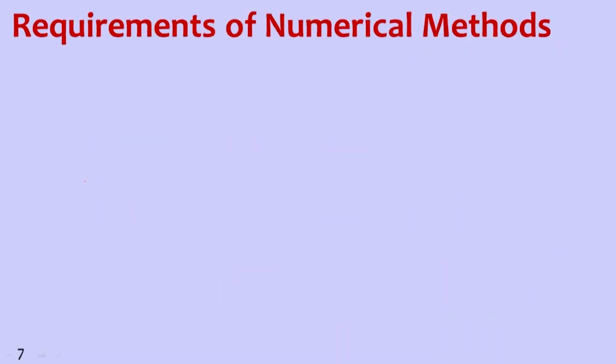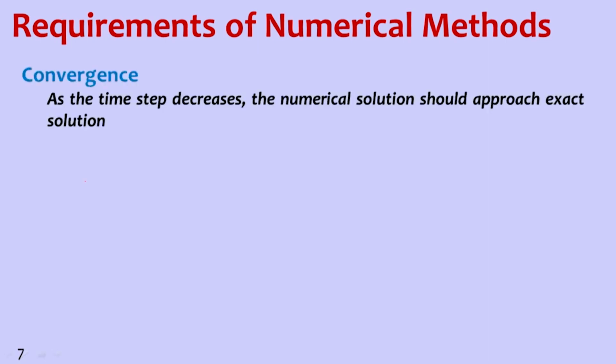Now, when we are solving the dynamic equilibrium equation using numerical methods, what are the conditions? The first one is that the solution should converge. What is the meaning of convergence? As the time step decreases, the numerical solution should approach the exact solution.